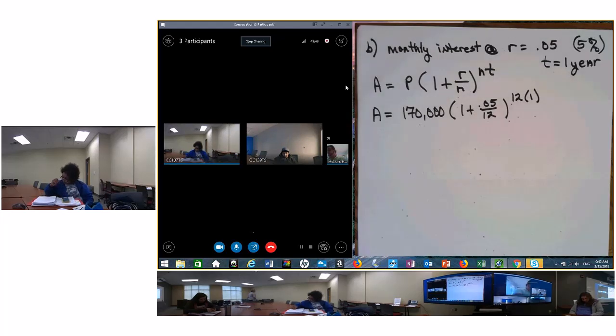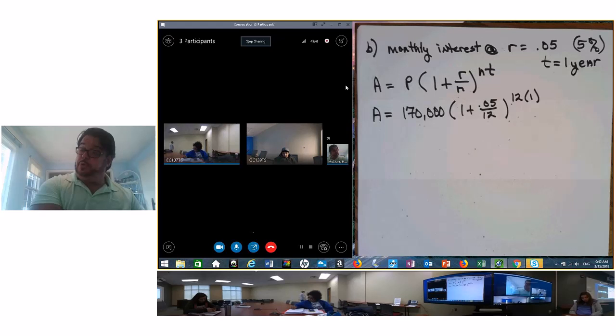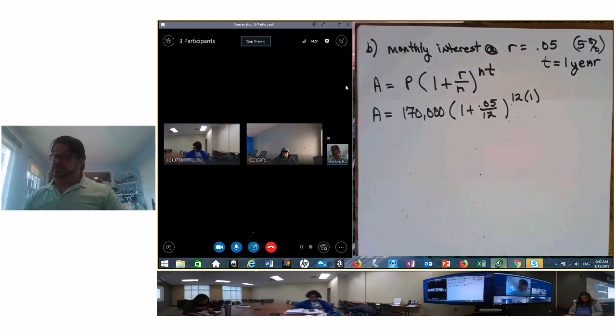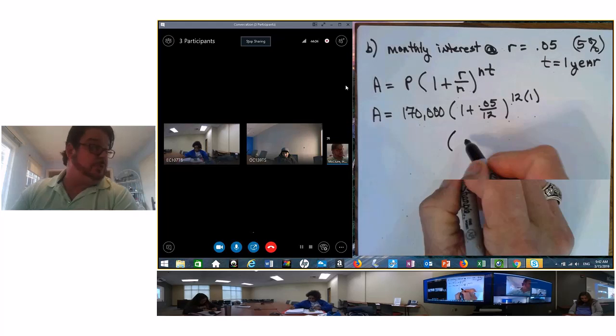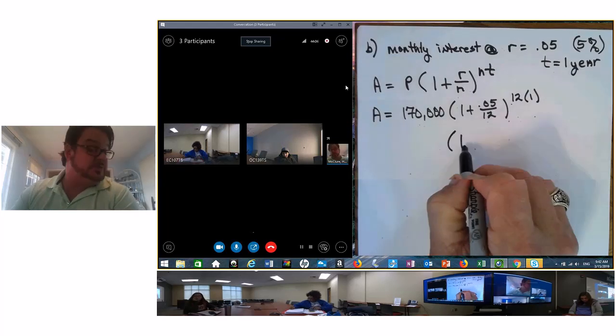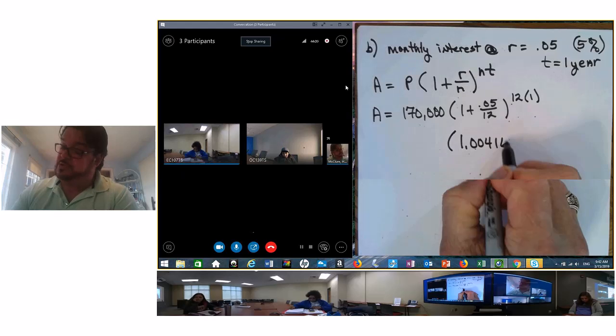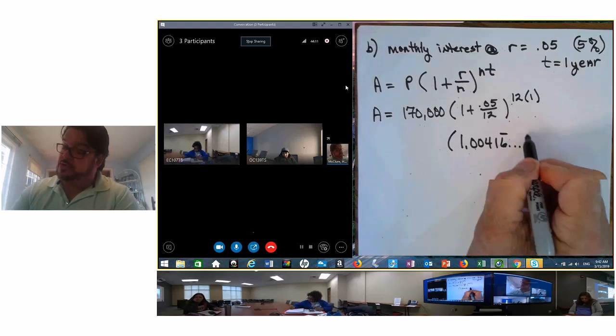Then I'm going to clear it. And I'm going to take 0.05 divided by 12 and add that to 1. I got 1.00416, and I'm going to put dots because I want to keep them in there. Keep that in your calculator, 1.00416 repeating.